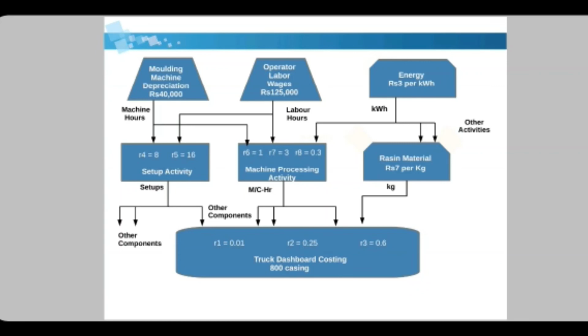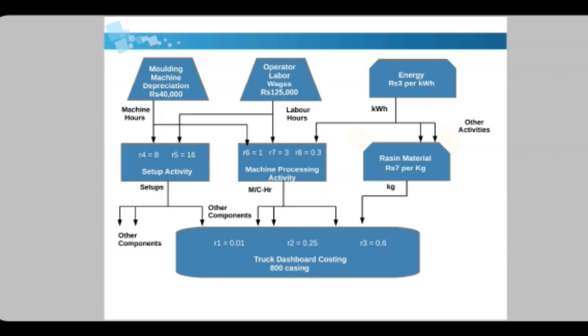Now R4 equals 8 and R5 equals 16. It shows that for one setup activity, 8 molding machine depreciation hours are used. For one setup activity, 16 operator labor wages are used, that is R5 equals 16, where the arrow is towards operator labor wages. R6 equals 1, so for one machine processing activity, one machine hour of molding machine depreciation is used.